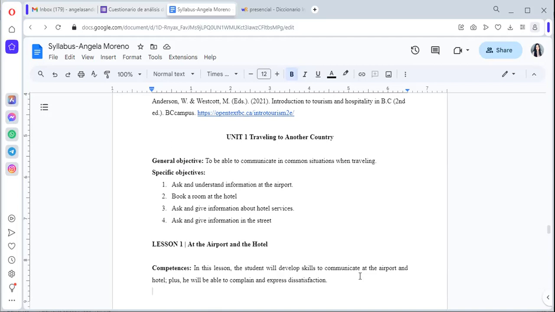The specific objectives are: ask for and understand information at the airport, book a room at the hotel, ask for and give information about hotel services, and ask for and give information in the street.